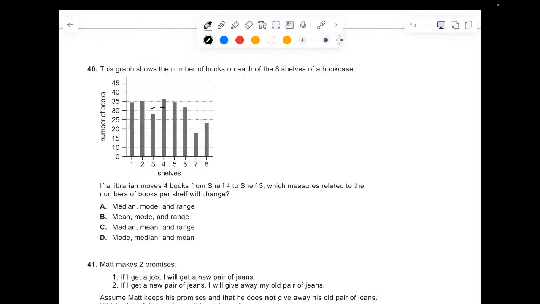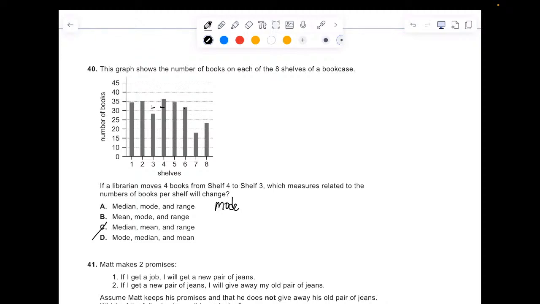Let's start with the easiest one, the mode, which is just what occurs the most. And so we're going to have 1, 2, 3. So the mode will change. We can eliminate C. The median.